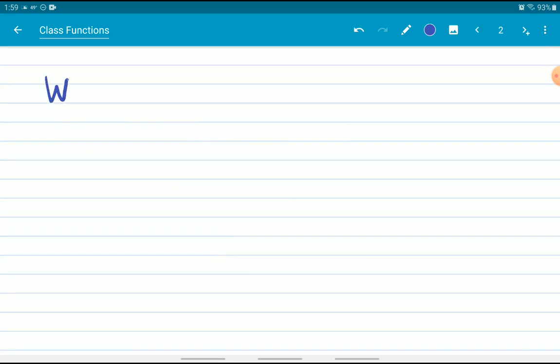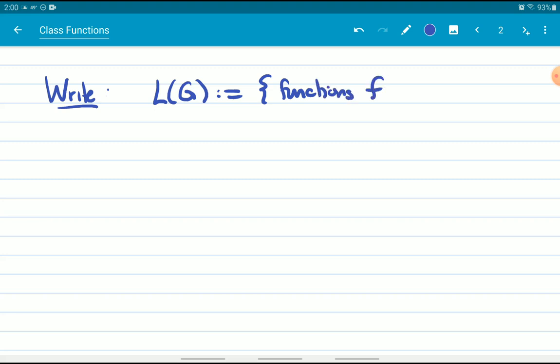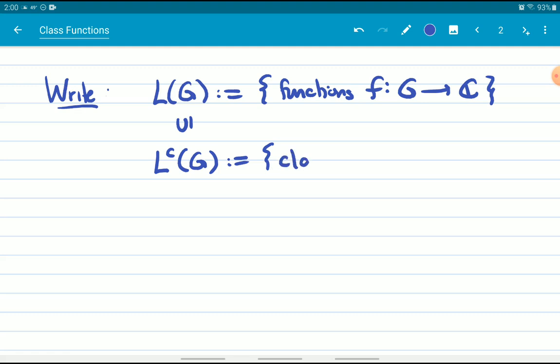So let's establish some notation. I'm going to write, following Steinberg's book, L of G, that's the set of all functions from the group to the complex numbers. And now I'm going to write L to the CG for the subset consisting of class functions.